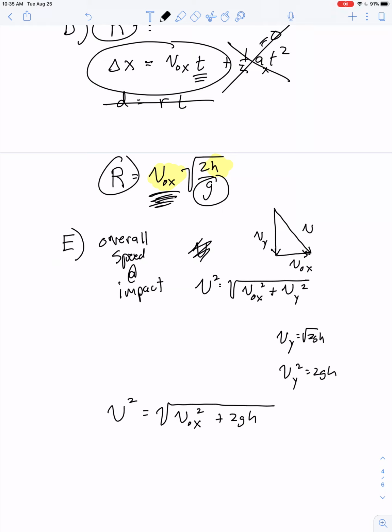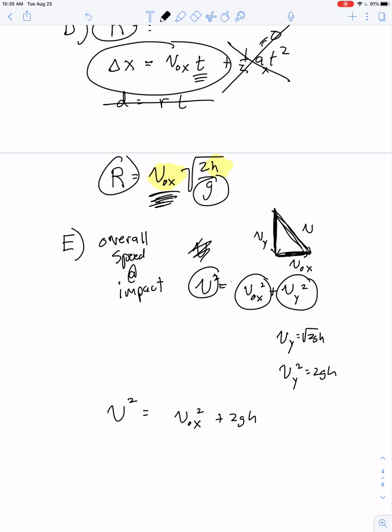Well, I take that back. Sorry, I got ahead of myself with my algebraic work. Pythagorean theorem: v squared, the length of the hypotenuse, is equal to V naught x squared, the length of the adjacent side squared, plus the length of the other side squared.